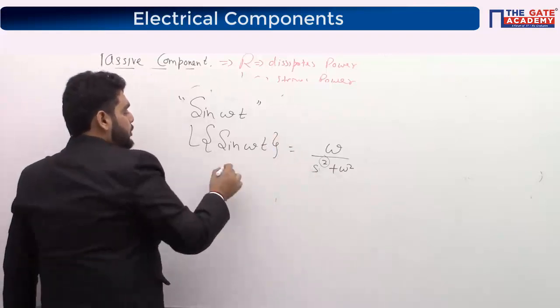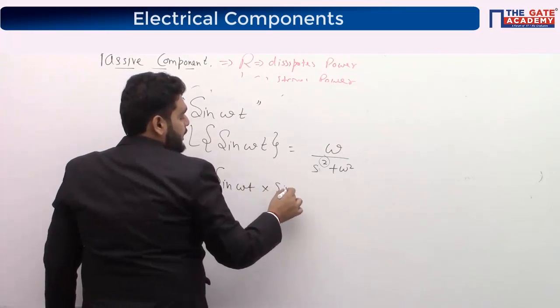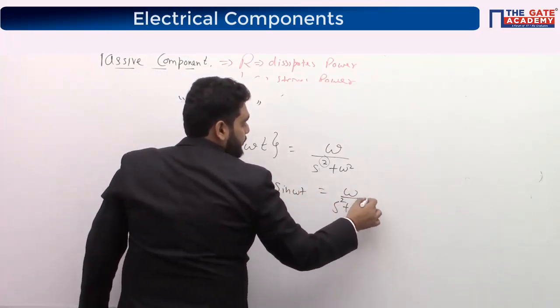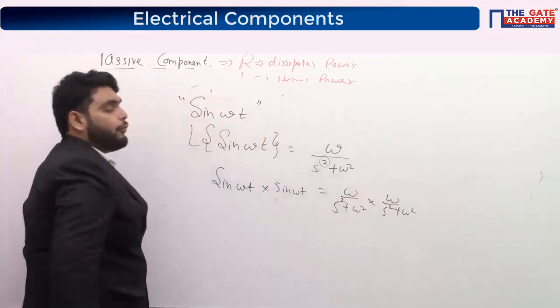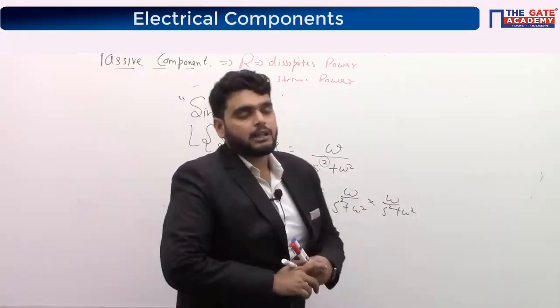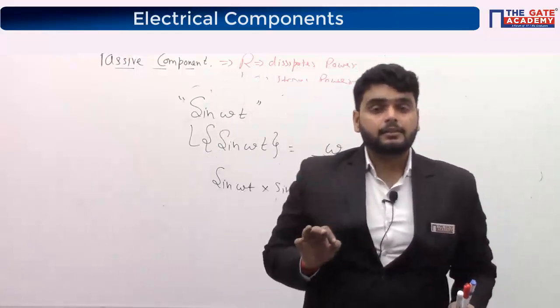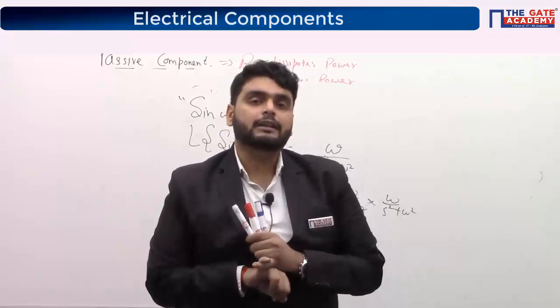And if two signals are multiplying, sine omega t times sine omega t, then again you have to multiply it in Laplace domain. Then again it becomes a fourth order equation, right? So if we use the Laplace domain, calculation becomes sometimes difficult. So the best way is that in AC signal, use the frequency domain. In DC signal, use the time domain.